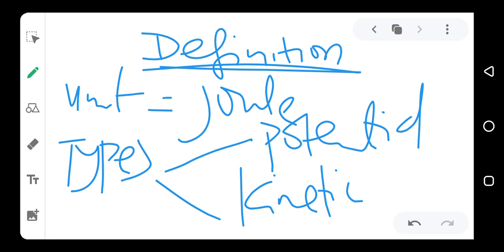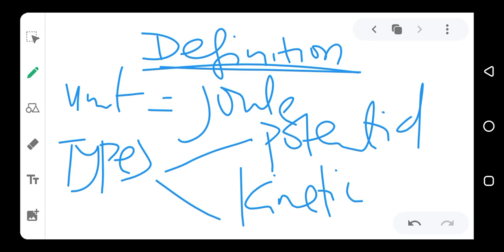Now, the one we call potential energy is the energy at rest. When an object is not doing any work, the energy that it has is what we call potential energy. Like after eating, you go and start sleeping, your body is not doing any work.